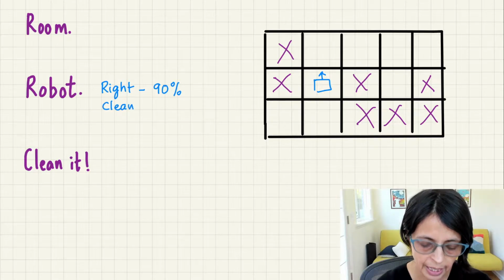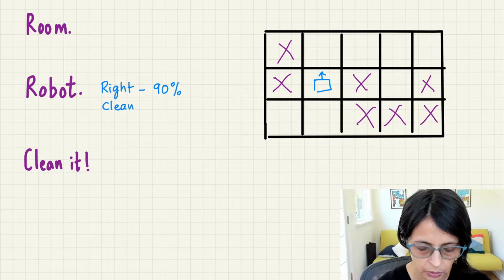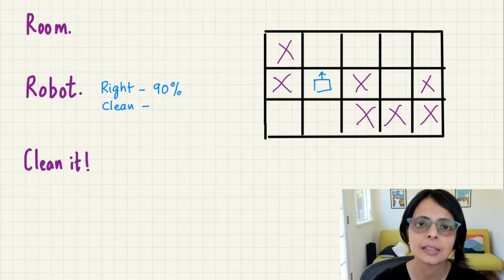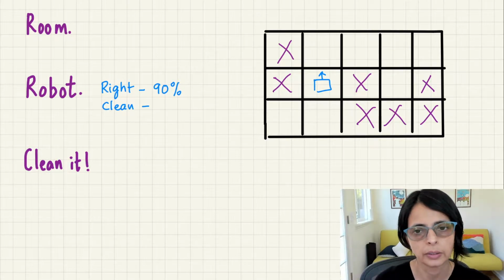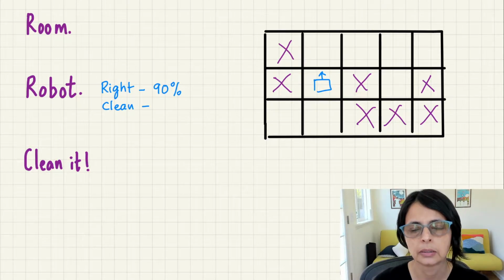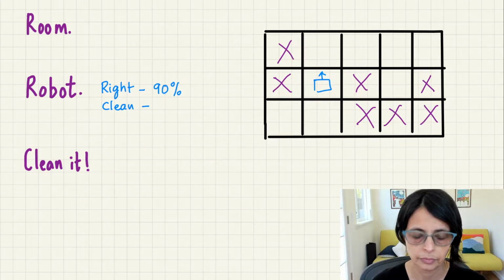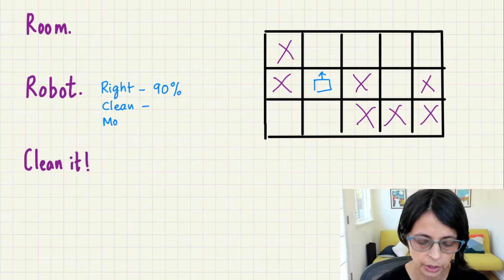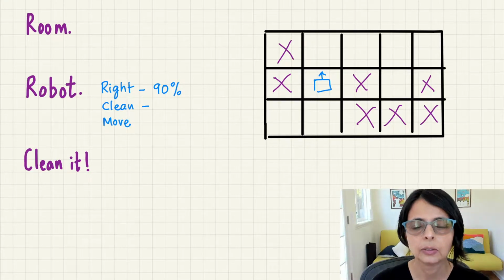Then there is the action called clean, which also is always successful, and what it does is clean the cell that the robot is currently on. If the cell has already been cleaned, I guess it'll clean it again. The last and the trickiest action that the robot can do is move.